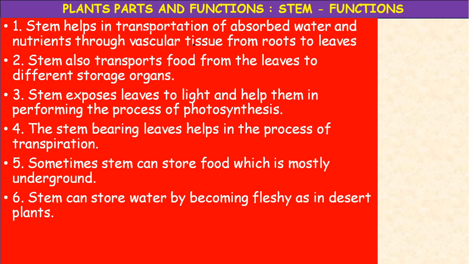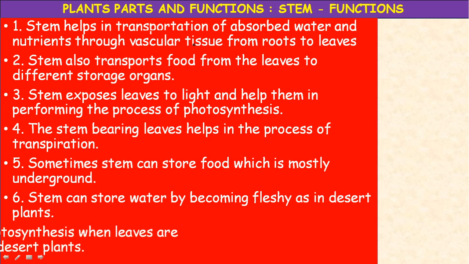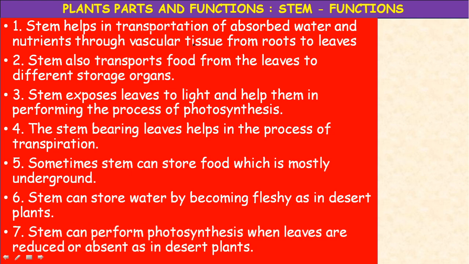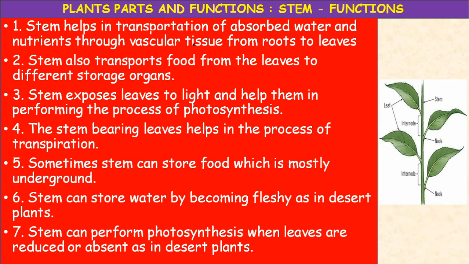You can observe this in the desert plants like Opuntia and cactus. The stem can perform photosynthesis when the leaves are reduced or absent. For example, in desert plants like Opuntia and cactus, stem performs the photosynthesis. These are the functions of the stem.